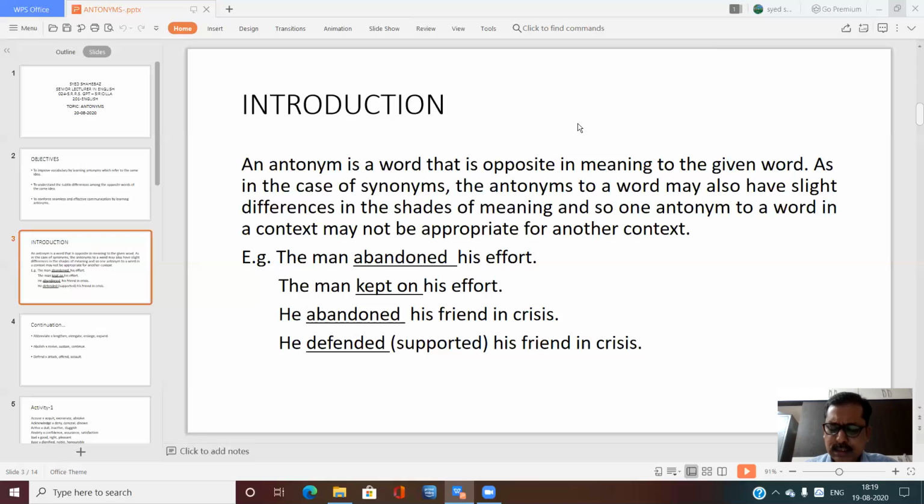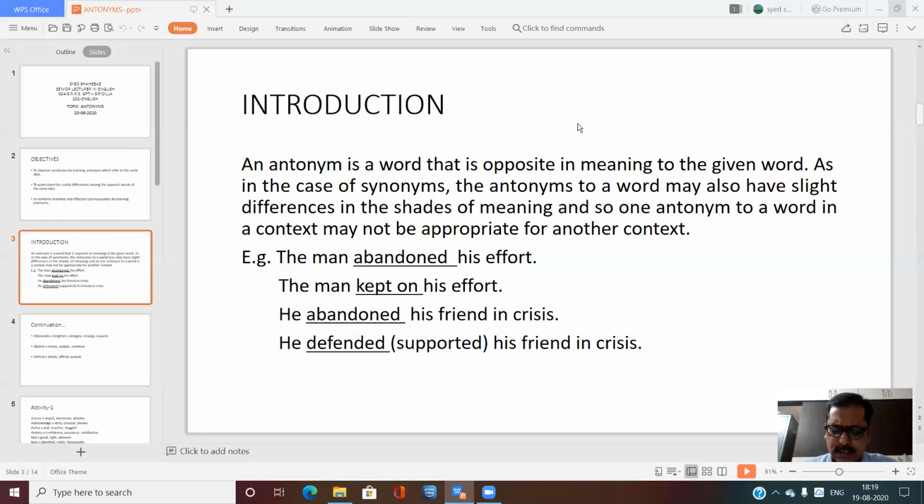Here, while darkness represents ignorance, light represents knowledge or enlightenment. So the real meaning of the Upanishadic statement is, lead me to knowledge from ignorance.